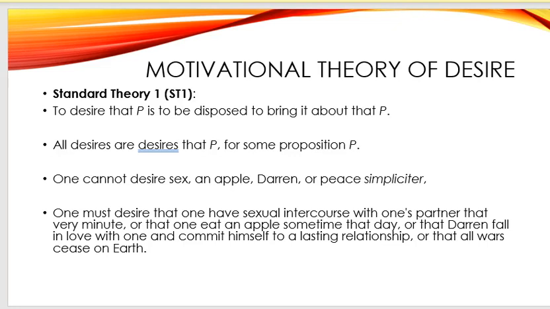You have to desire to have sex or to eat an apple or that Darren falls in love with you or that all wars cease on earth. It's not as if you can desire a person, which I'm not sure what that would mean exactly. You have to desire that you engage with the person or that you're talking to the person or that the person's with you. So that's a state of affairs, a set of events in the world.